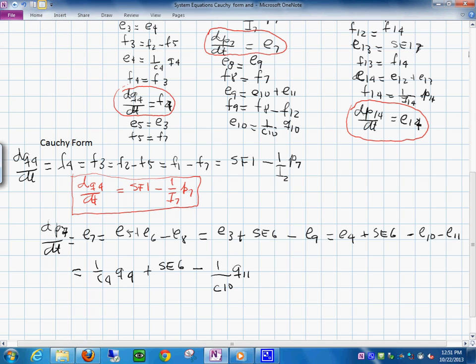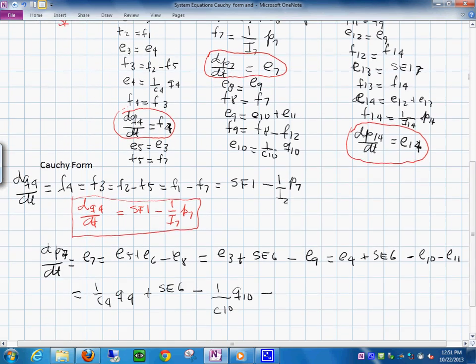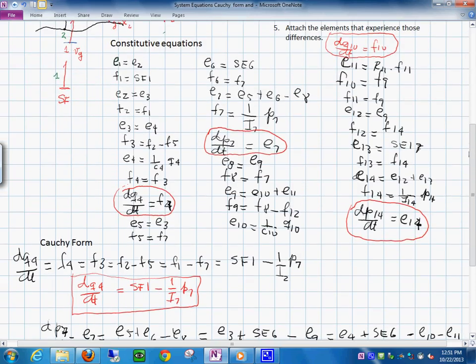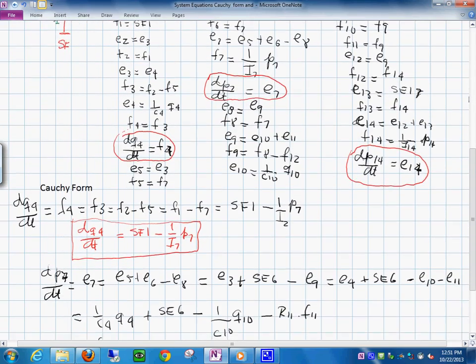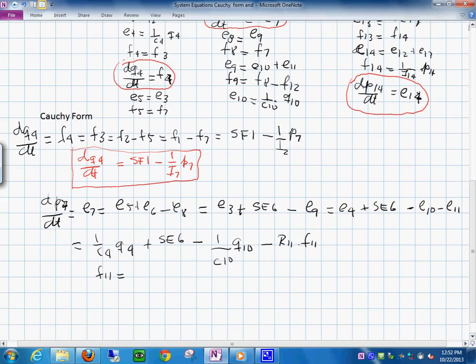And we only have the other 2 equations in here, and that is, in here you have this dq10 dt is equal to what? dq10 dt is equal to F10. And what is F10 equal to? See, F10 is equal to F9, and F9 is F8 minus F12.